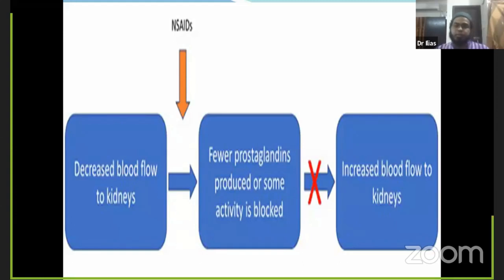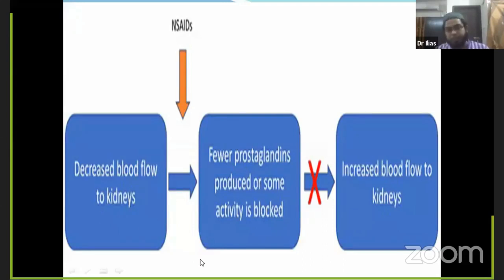As a consequence, to maintain normal homeostasis, the kidney tries to produce prostaglandins. These are renoprotective prostaglandins, and they increase the blood flow to maintain the homeostatic mechanism.